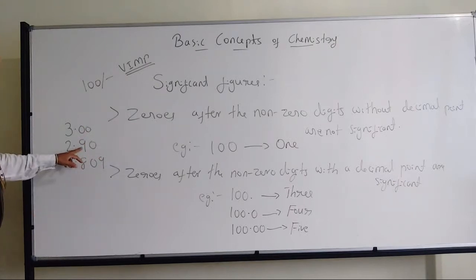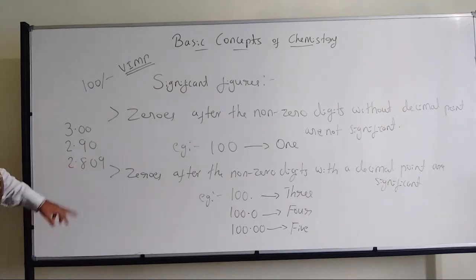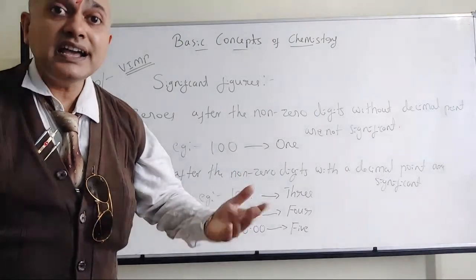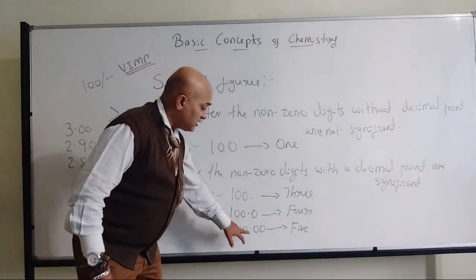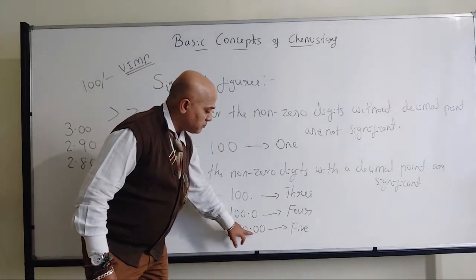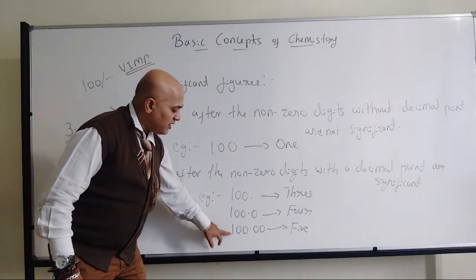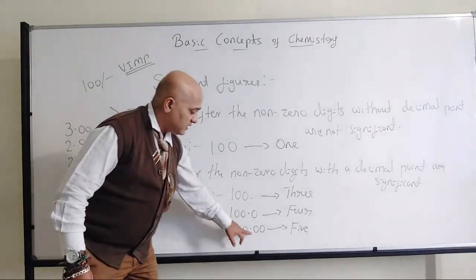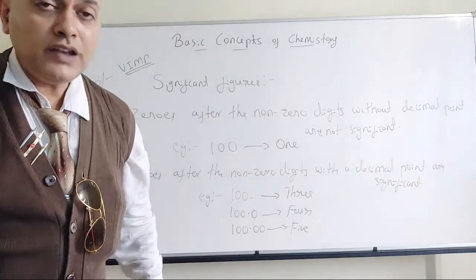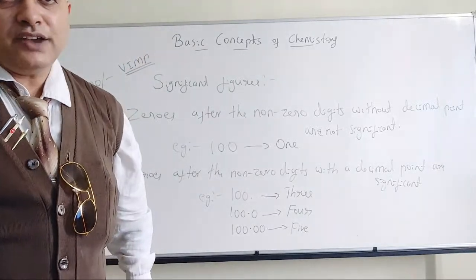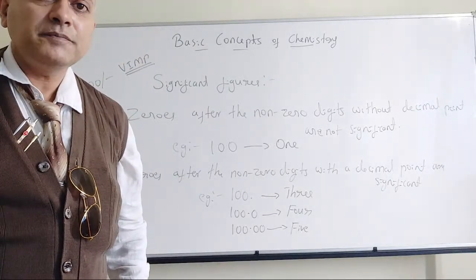But here it is becoming 9. So based on that we can have precise and accurate numbers. Therefore, whatever zeros are after the decimal point with a non-zero digit, all of them will be significant figures. All of you have understood?